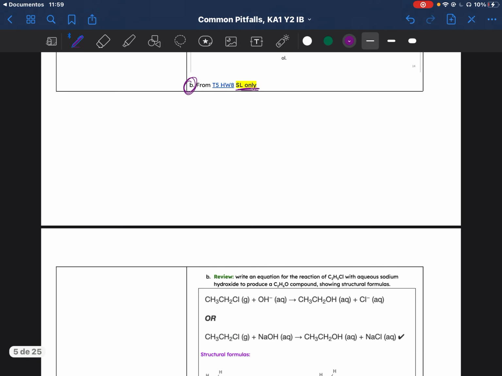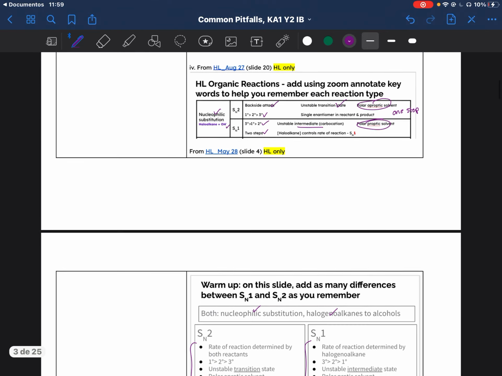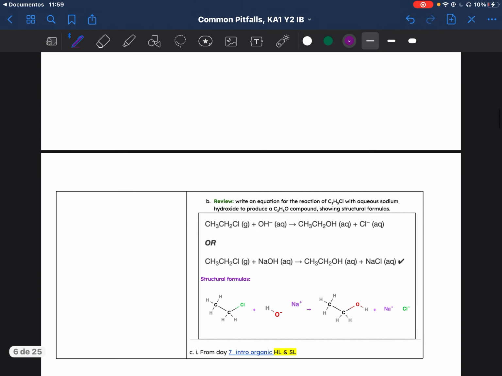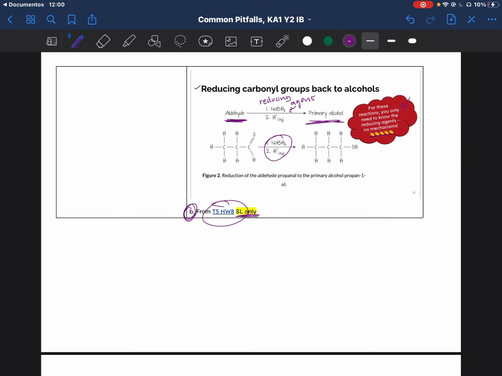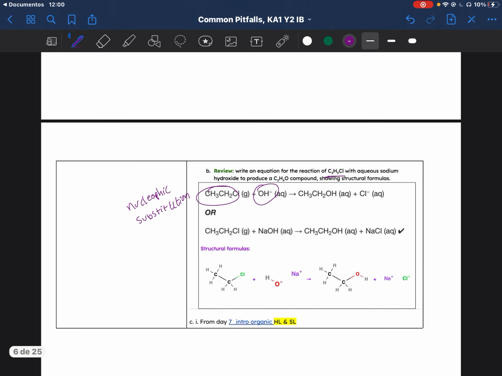Part B from SL was about writing an equation, basically the same thing that we were talking about here in HL time, which you might have skipped in the video, but writing an equation for haloalkane plus OH minus for nucleophilic substitution. You've, of course, seen that in lots of places, but the most recent time you would have seen that was T5 Homework 8, very recently actually, where you had to write an equation for a haloalkane.